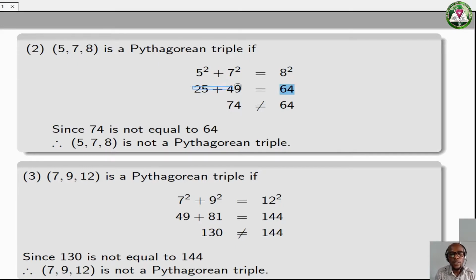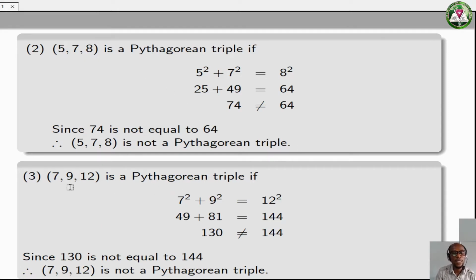Now, summing 25 and 49, we have 74, which is not equal to 64. Since 74 is not equal to 64, the set of numbers 5, 7, and 8 is not a Pythagorean triple. So when this equation is not balanced, then we say those sets of numbers are not a Pythagorean triple.